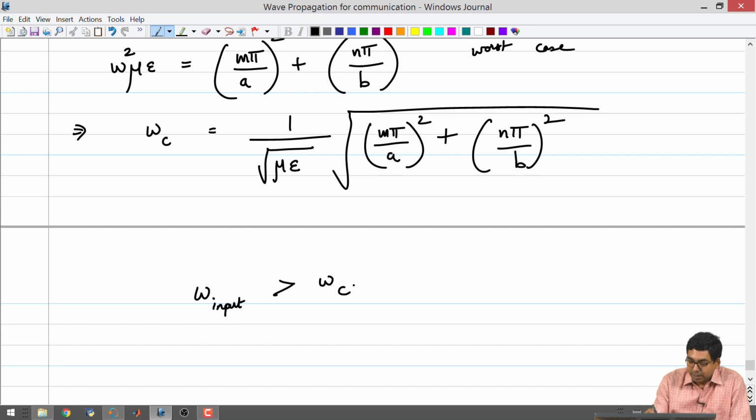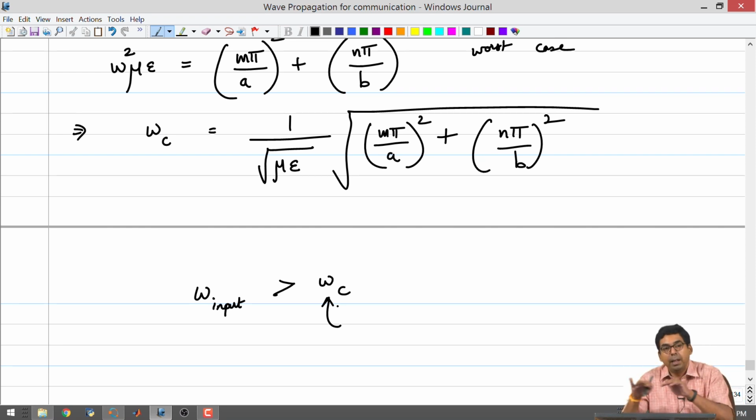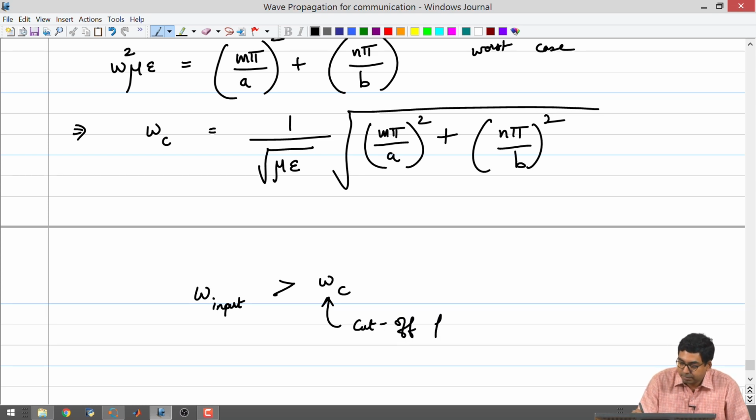So, this condition is just saying that your input frequency has to be higher than a specific frequency, which means that it is again a high pass filter just like the parallel plate waveguide, and you can call this absolute minimum case a cutoff frequency. So, there does exist a restriction on omega input for it to function as a waveguide.